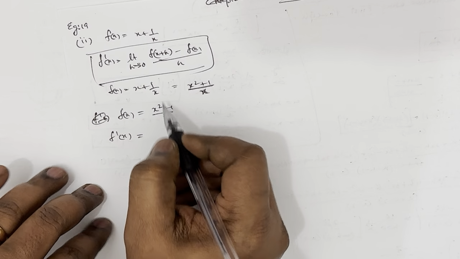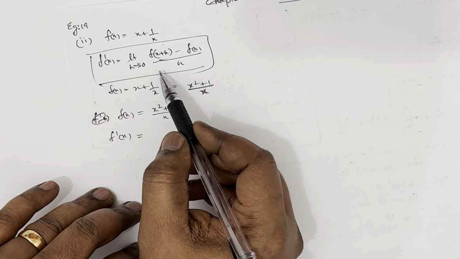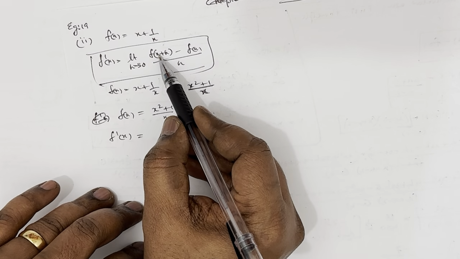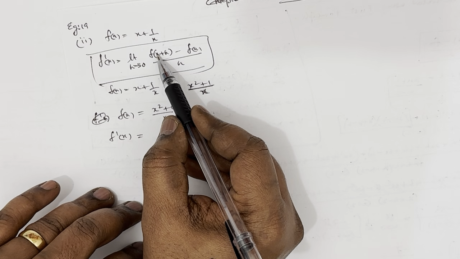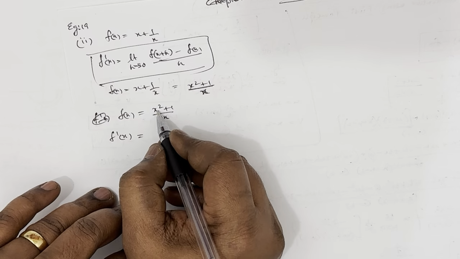Now f dash of x will be, putting our function in the formula, we have to replace x with x plus h, all the x's.